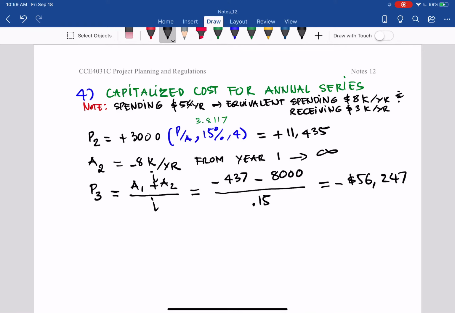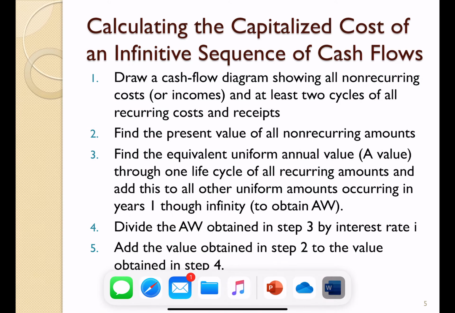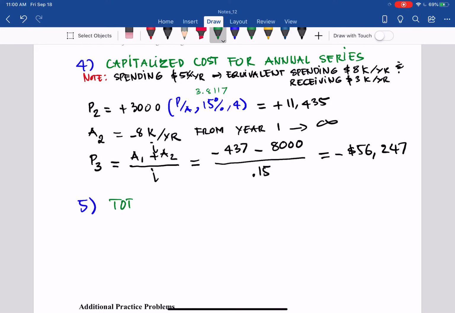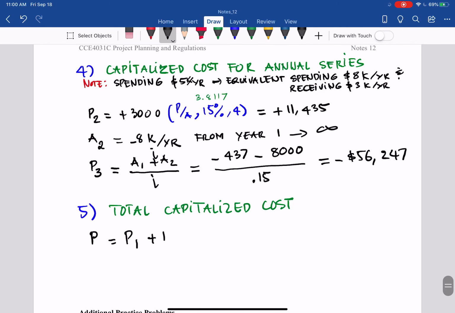56,247. And then the next step, step 5: add the value obtained in step 2 to the value obtained in step 4. So we have step number 5, total capitalized cost. P total equals P1, which is step number 2, plus P2, the 3,000 for the first 4 years, plus P3.